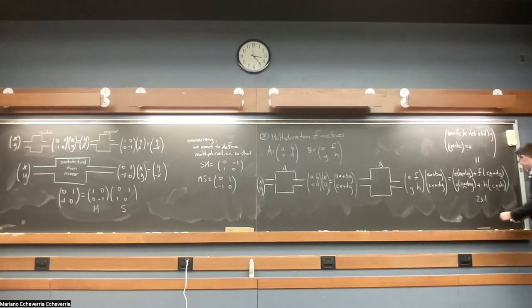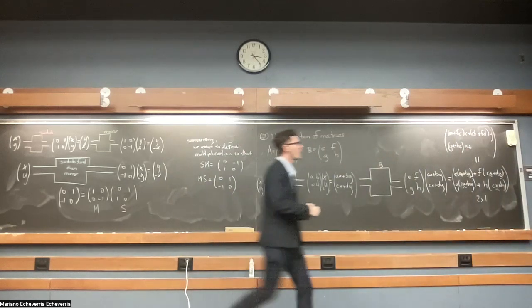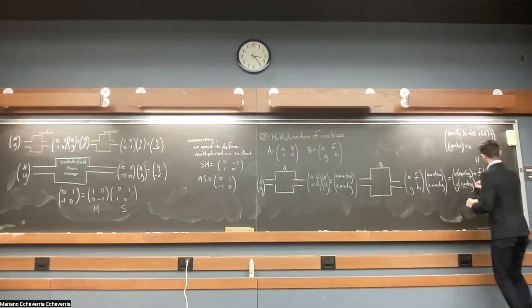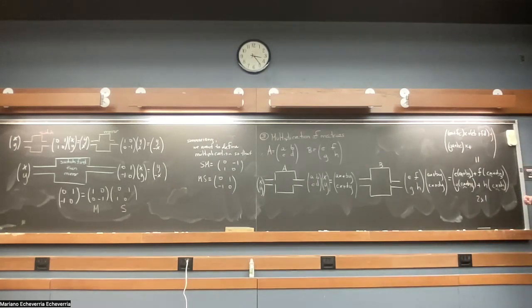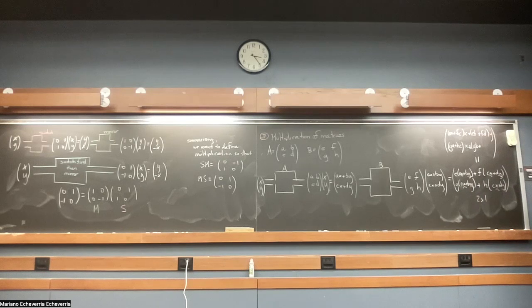Plus, and what's the stuff multiplying Y in the second entry? It will be GB plus HD.